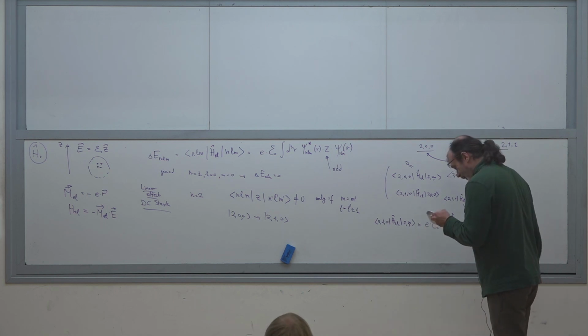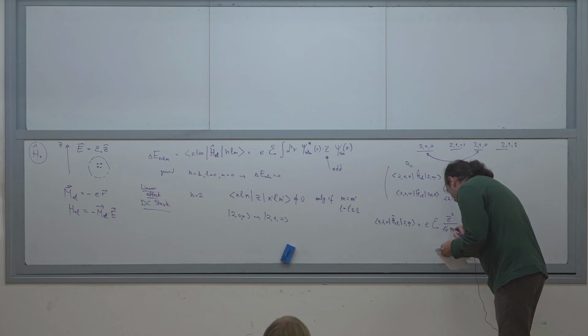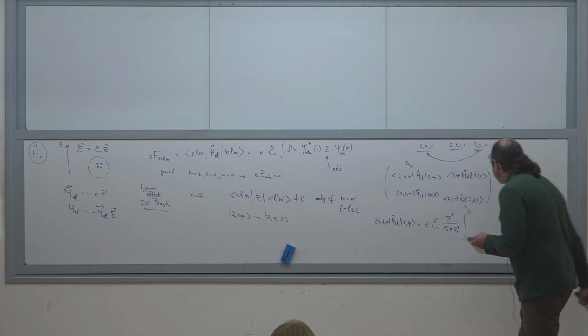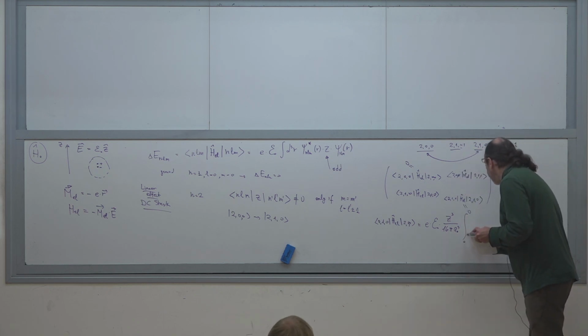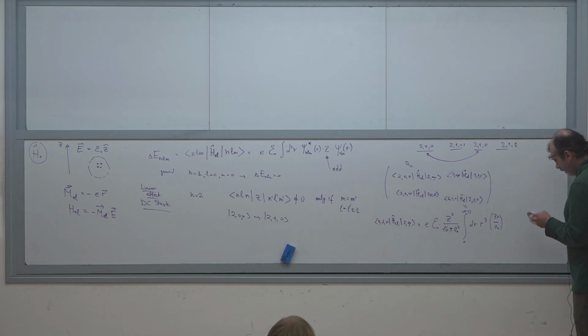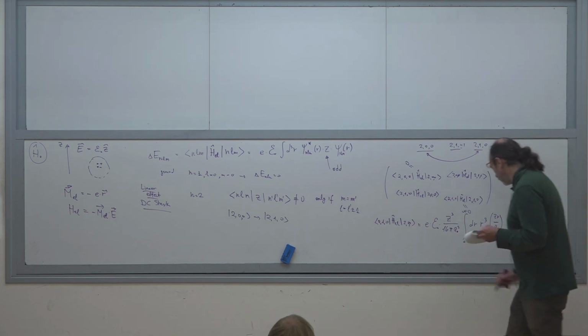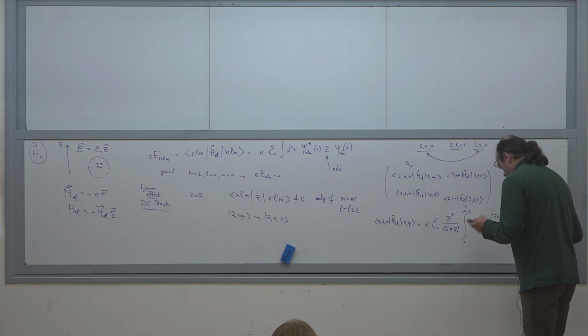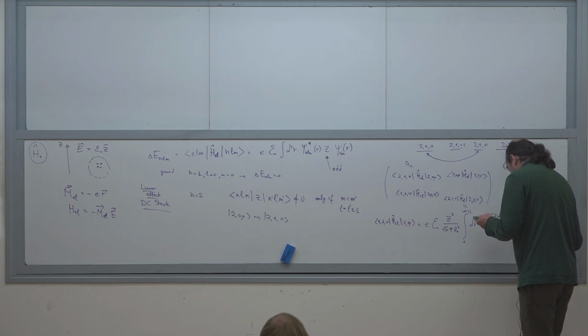Now it's 16 pi a0 to the third power. Now this is the integral over space between 0 and infinity, so dr multiplied by r cubed, Zr divided by the Bohr radius, and it's also multiplied by 1 minus Zr divided by 2 Bohr radius.